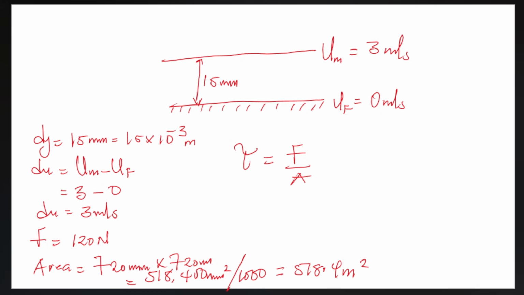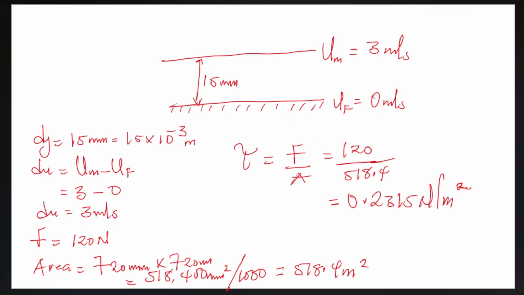So your tau will simply be your force, which is in Newton, 120, divided by 518.4. You punch your calculator and arrive at the value for your shear stress, which is 0.2315 Newton per meter square.